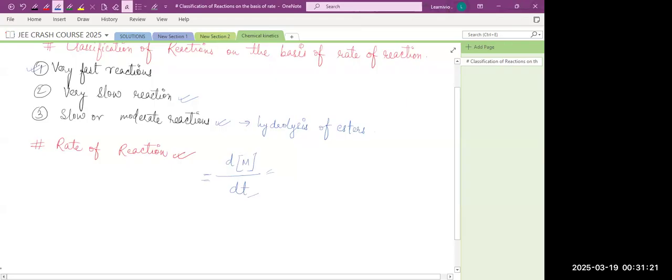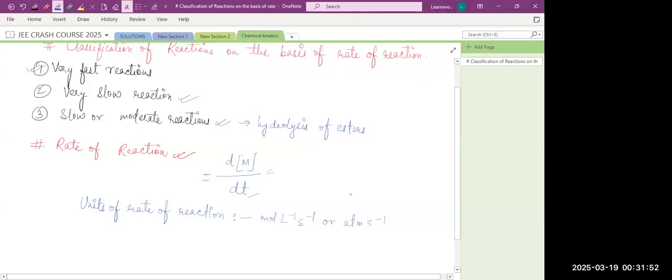Okay. And what are the units of rate of reaction? Tell me. So see, the unit of rate of reaction will be either mole per liter per second, or you can use atm per second.